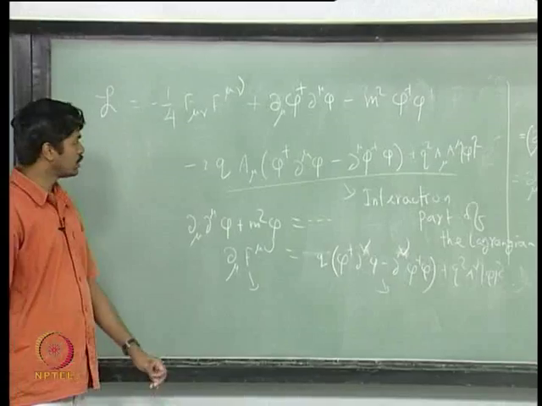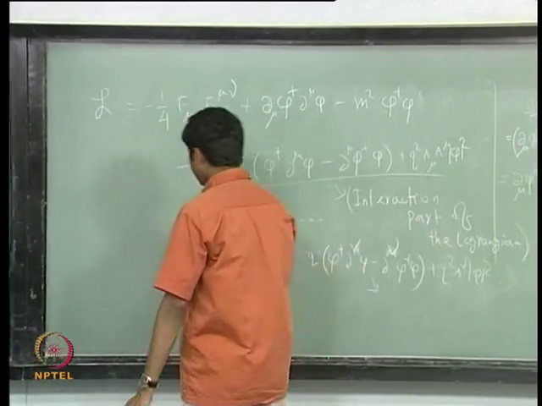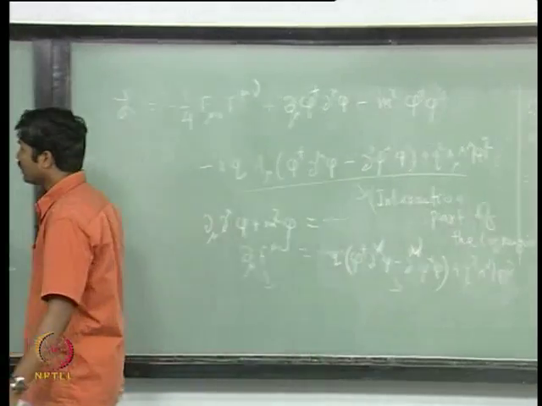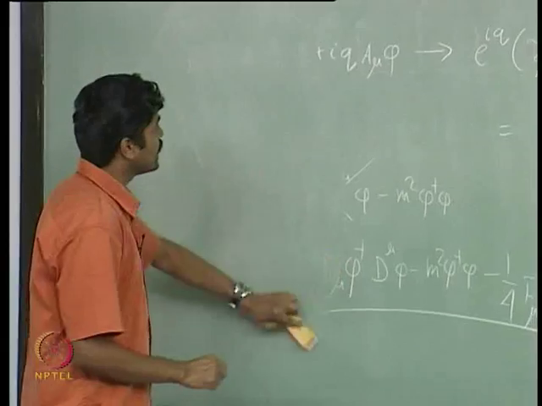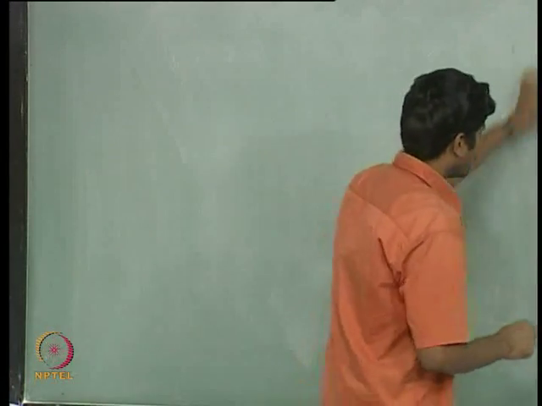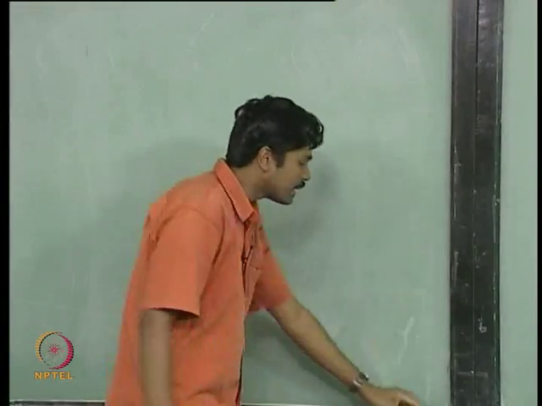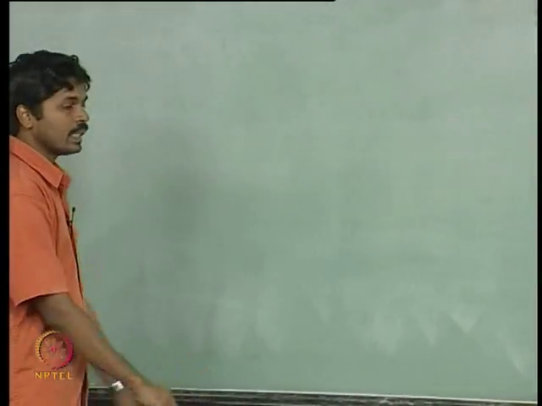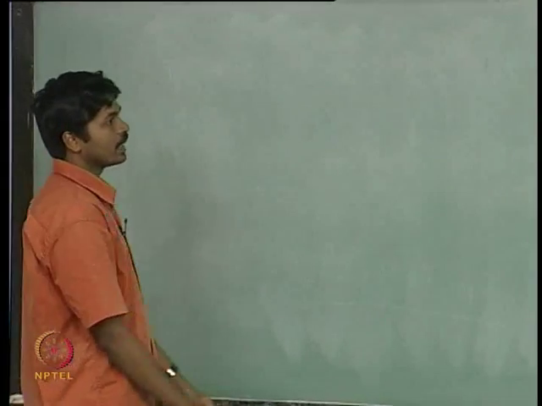All right. So, in general, what happens is, when you consider a field theory which involves many fields, you have the free part of the Lagrangian for each of these fields, and then there is an interacting part of the Lagrangian which involves the interaction of various fields.